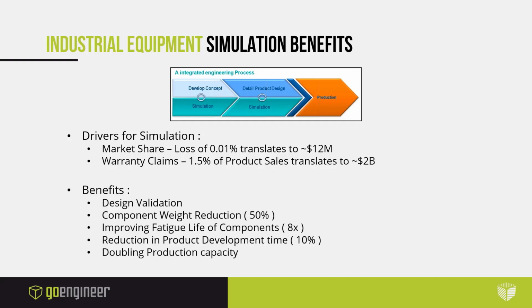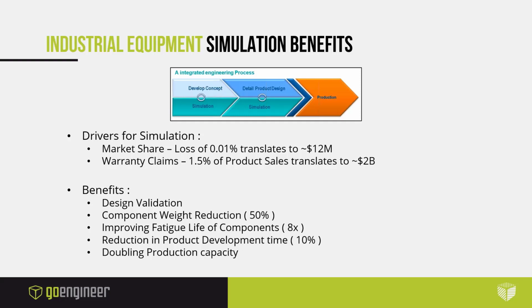There are other benefits besides just reacting to those drivers. One of the biggest benefits is obviously design validation before product prototyping. Another that these industries target is weight reduction. They want to use the least amount of material to achieve the maximum performing product. And this is a theme that we will keep referring to over and over again during the presentation, which is fatigue life. Focusing on how these components survive during their life cycle of use is a key aspect for this industry.